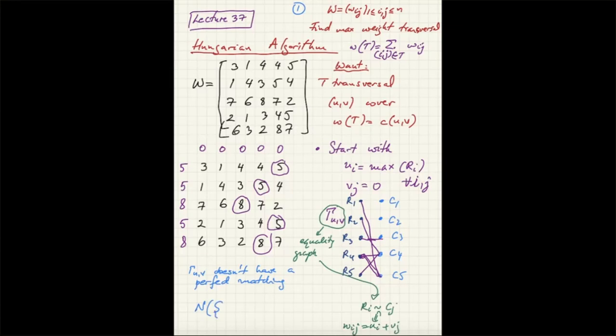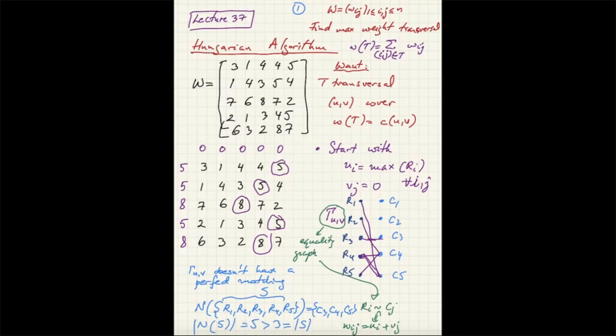Let's say it's the whole set, R1, R2, R3, R4, R5, so we have a set of 5 rows, whose neighborhood consists of just the columns C3, C4, C5. Therefore, if I call this S, the neighborhood of S has cardinality 3, which is smaller than 5, the cardinality of S.